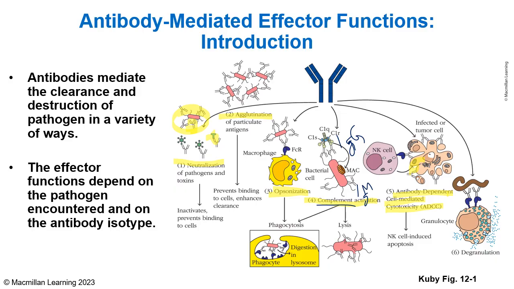Okay, and here is another function here, which is degranulation. Okay, so what is the antibody doing here? So now antibodies bind to surface of big pathogens like helminths, worms. Okay. It doesn't make sense for the antibodies here to attract phagocytes because the worm is bigger than the cell.